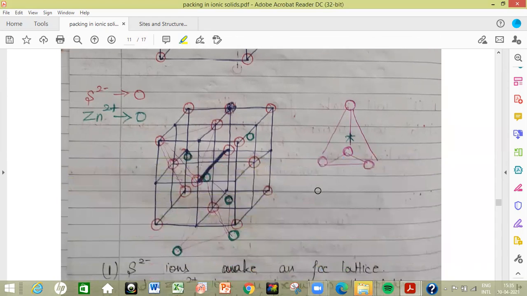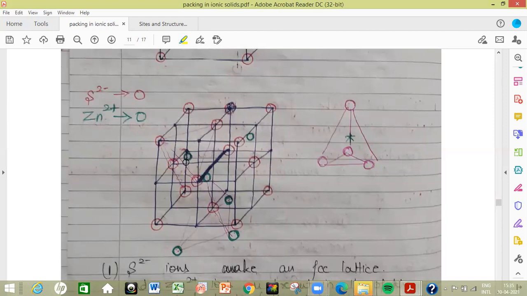So here you can see that sulfide ions are making the FCC lattice, and zinc ions are present in the alternate tetrahedral sites. All the cubelets have a tetrahedral site in the center, and there are 8 cubelets.